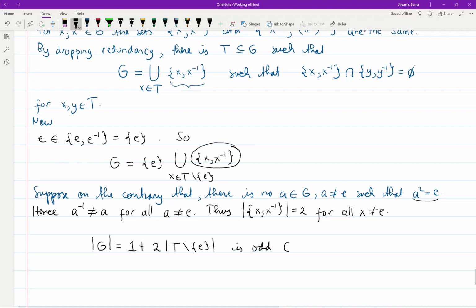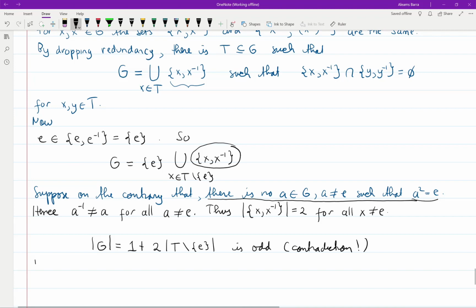But this is a contradiction. So what is wrong? What's wrong is that we assumed there is no A in G, not a neutral element, such that A squared equals E. So that cannot be true.